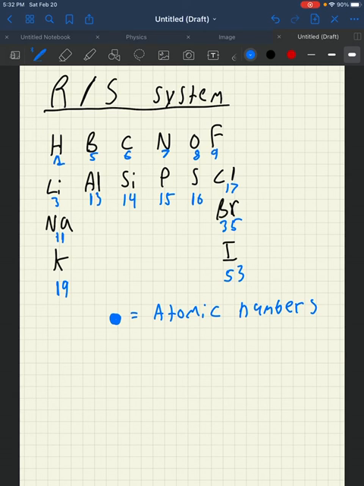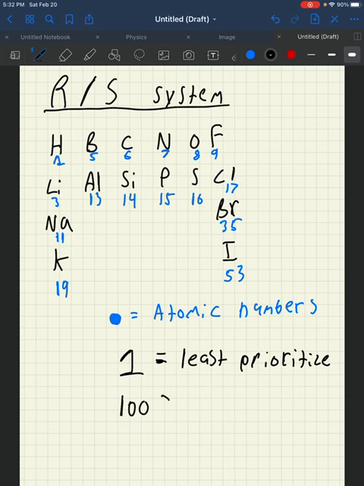Now when you're comparing for the RNS system, 1 is going to be least prioritized. And the higher the number, so say 100, is most prioritized. But you have to understand this chart to be able to do that.